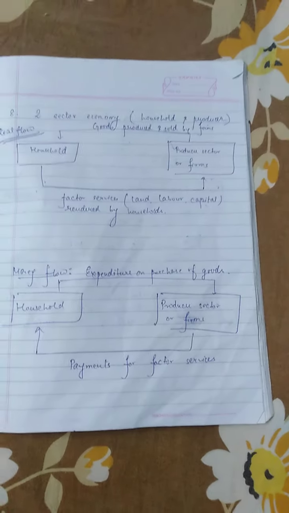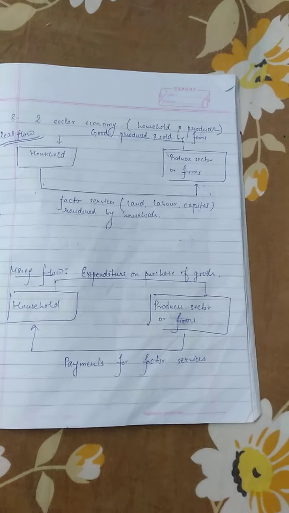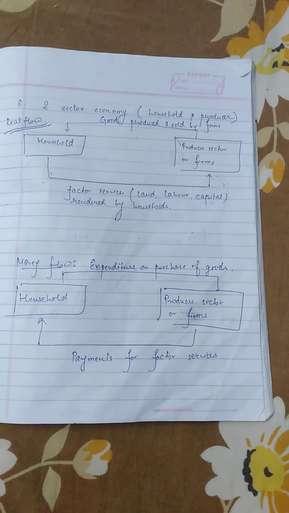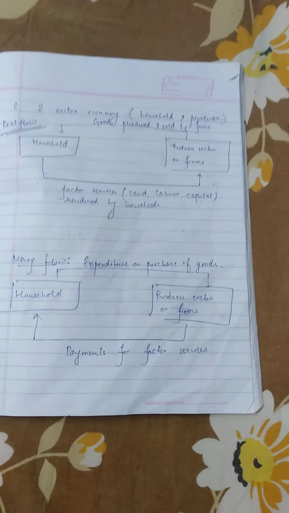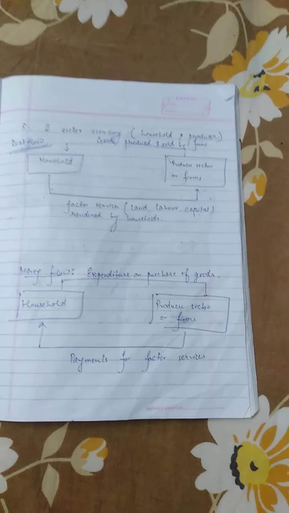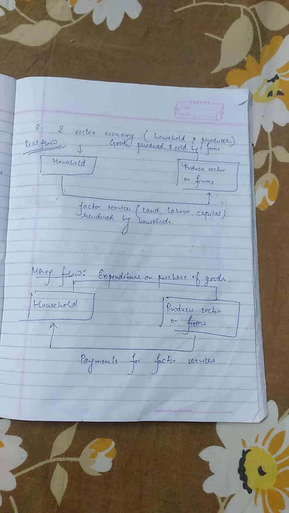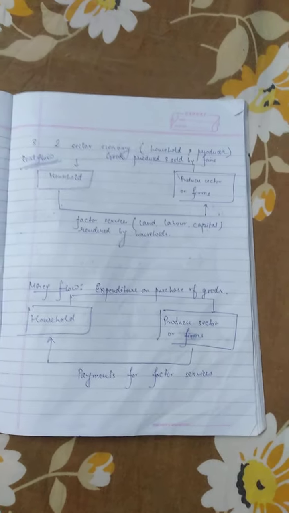When there is a flow of goods and services between household and producer, it is called real flow. And when there is a flow of money between these two sectors, it is called money flow.